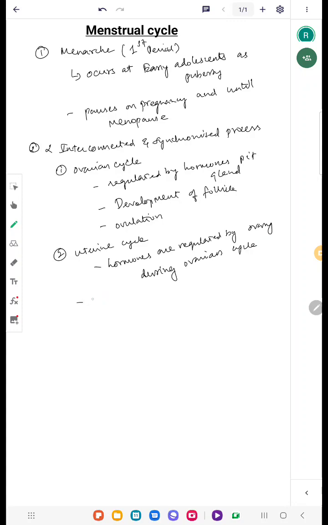So in the uterine cycle, the functional endometrium thickens and shreds in response to ovulation activity.